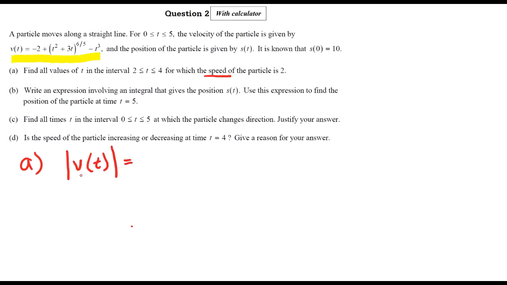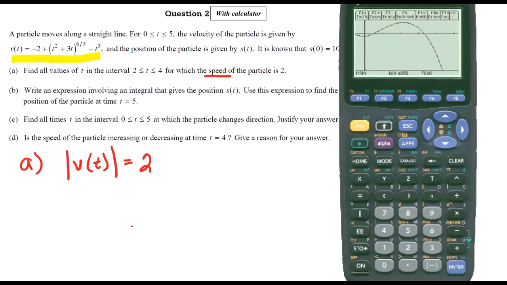So we want to know when the speed is equal to 2, which is the same as saying when is velocity equal to positive or negative 2. So a couple different ways that you could do that. But we could, as you saw in our first problem, put horizontal lines there at 2 and at negative 2. And then we could find the intersection points.